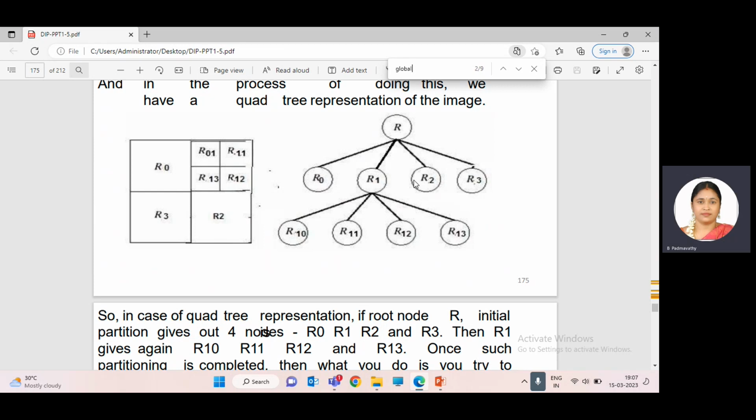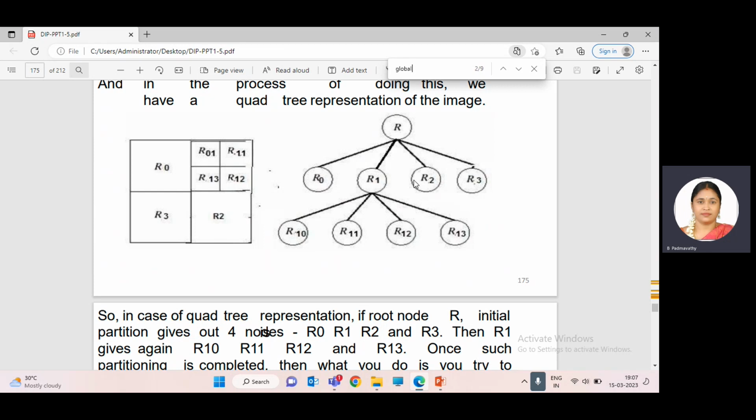And you can calculate all these things using a histogram also. Using this, you can quantify the texture of a region, and the concept of texture segmentation is based on using a measure of texture for predicates P of Ri. And here you can perform texture segmentation by various methods.